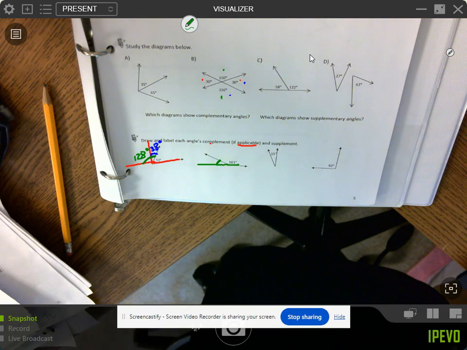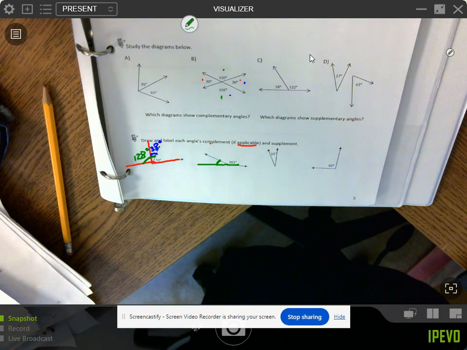So if it's bigger than 90 degrees, you just have to do the supplement. But if our initial angle is less than 90 degrees, you have to do both angles. What would make it 90 degrees, complementary? What would make it 180 degrees, supplementary?